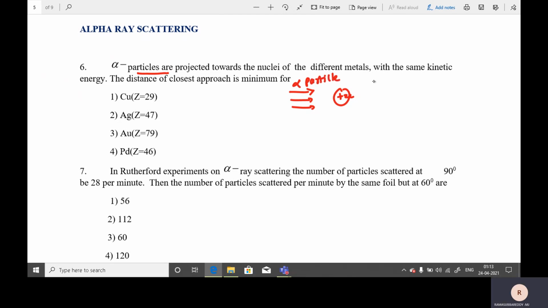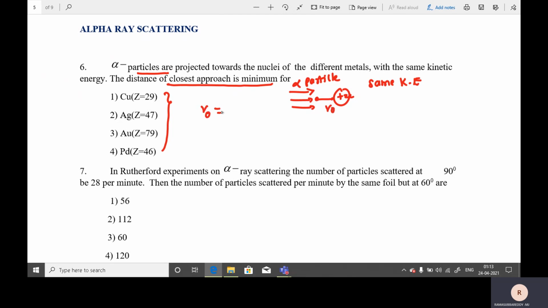Okay, here it will be the same kinetic energy. Then distance of closest approach is minimum. So when distance of closest approach is minimum, if you consider all these elements, distance of closest approach is what? From here to here only, that is r0.